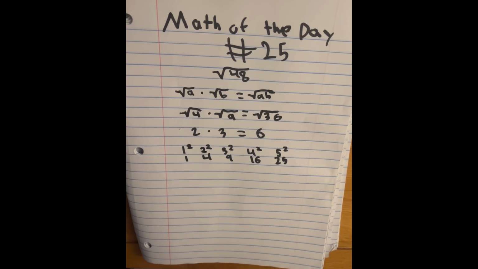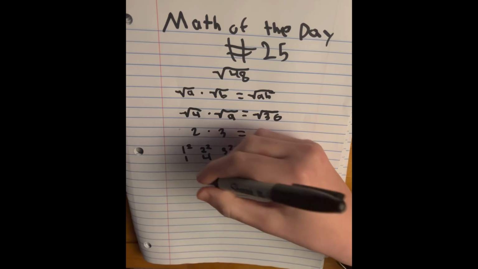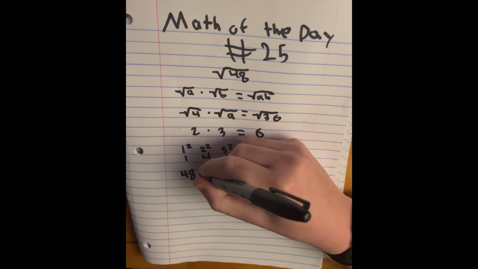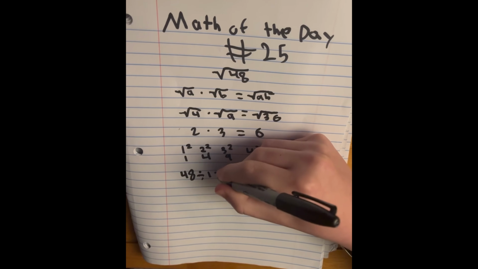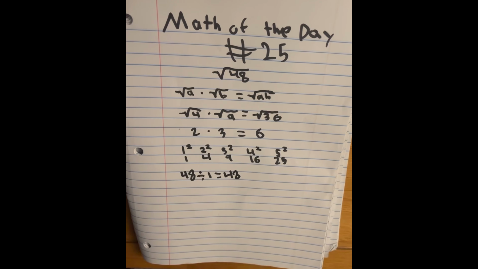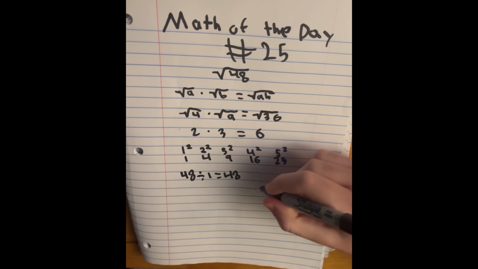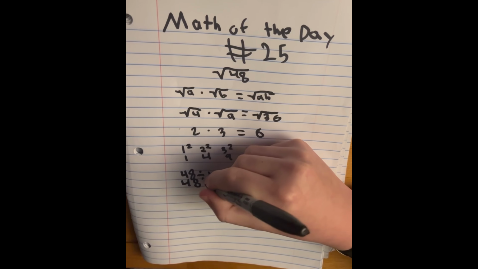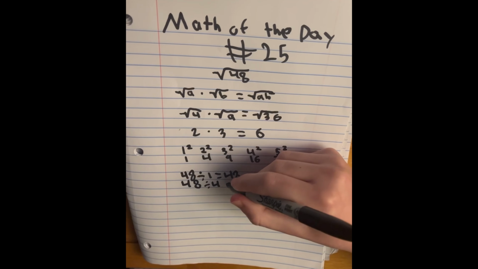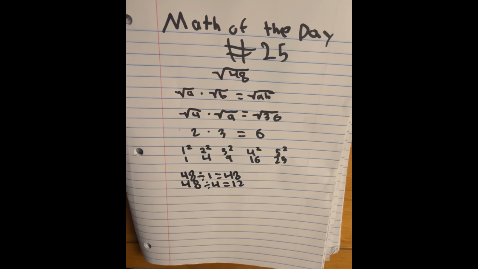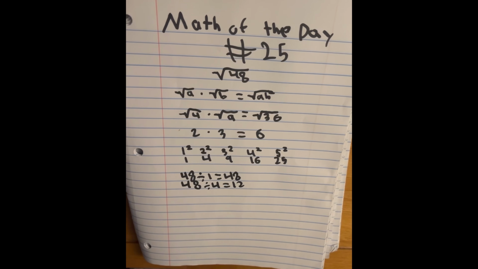Now, we're going to try to divide 48 by each of these numbers until we get a whole number. 48 divided by 1 is just 48, which is a whole number, but it's still the same, so we're not getting anywhere with it. Next is 4, so 48 divided by 4 equals 12, and 12 is a number we can use.